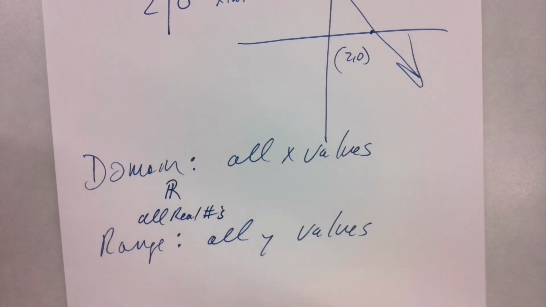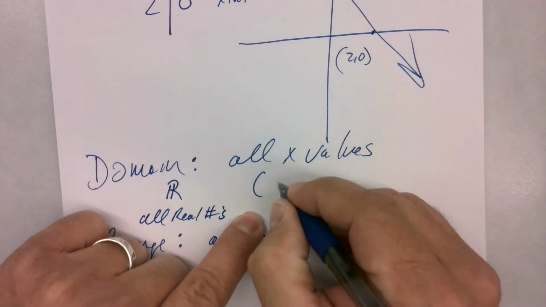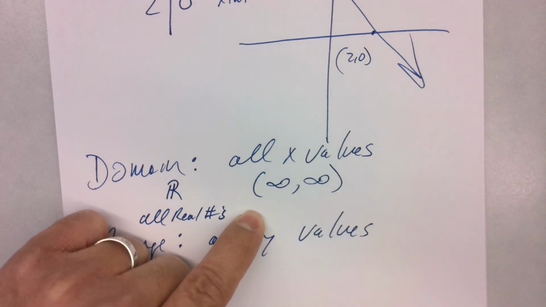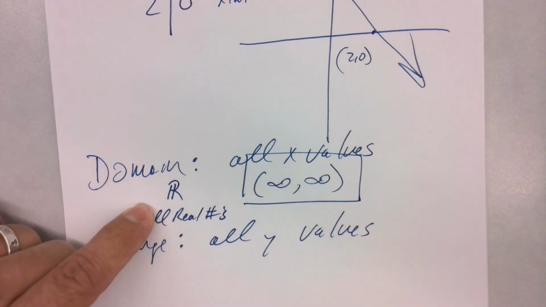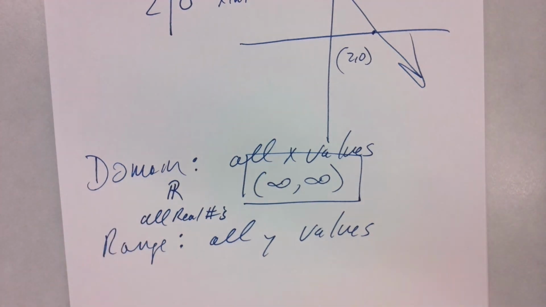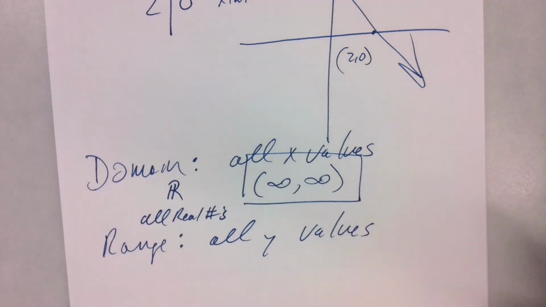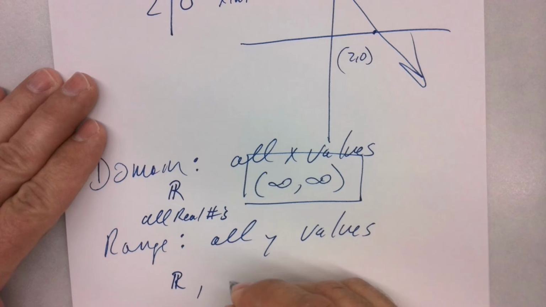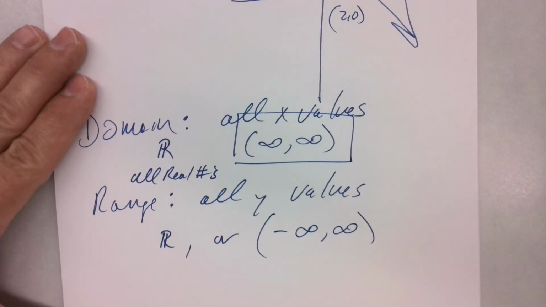Down the road, we will hammer what's called set notation, which is when they want things to look kind of like this, and that would be negative infinity to positive infinity like that. Okay, I will accept this. I would prefer that. Same thing happens with the range. If I look at any regular line, it's going to go up forever, it's going to go down forever, it's going to be the same thing. All reals or negative infinity to positive infinity like that.